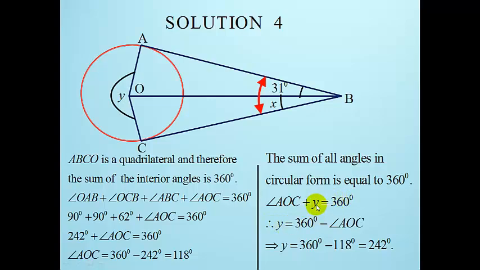Making y the subject, y is equal to 360 degrees minus angle AOC. From our calculation, angle AOC is 118 degrees. This implies that y is equal to 360 degrees minus 118 degrees, and the answer is 242 degrees.